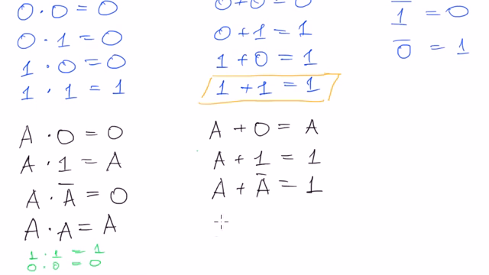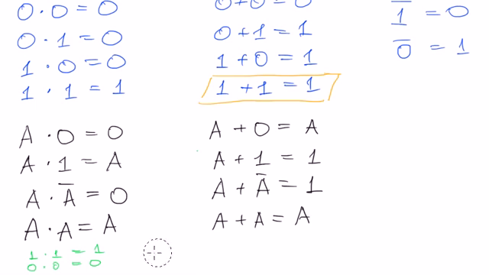And we can do the same thing with plus. a plus a will be either 1 plus 1, which is 1 as we remember, or 0 plus 0, which is 0. So it's the same: the resulting value will be the same as the initial value.